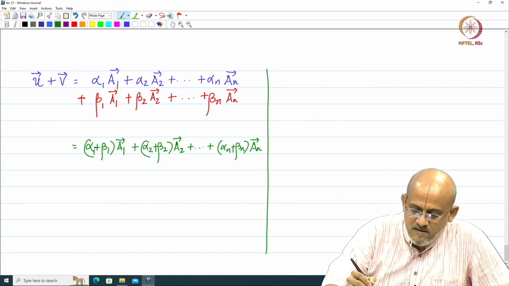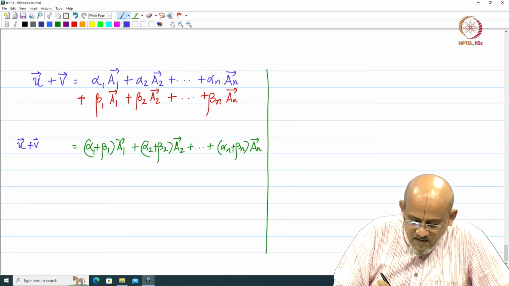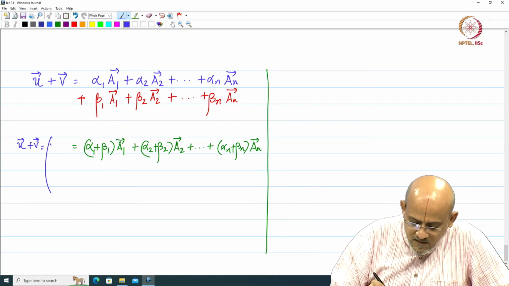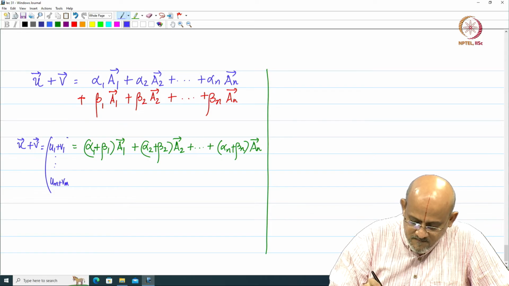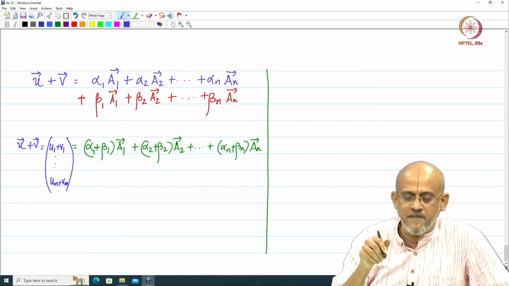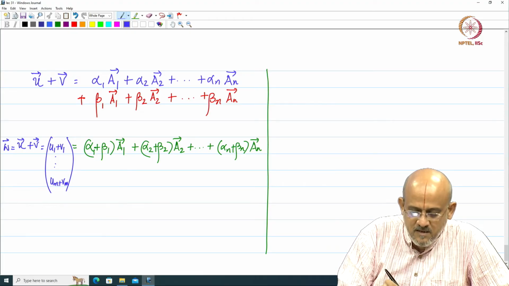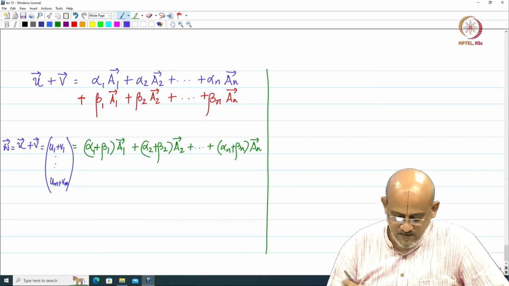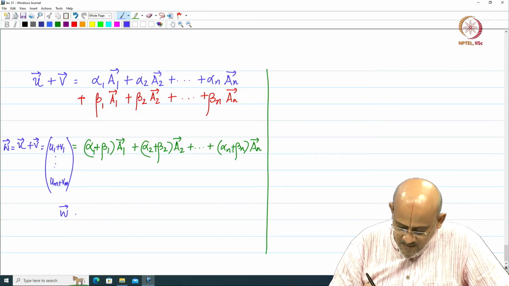Now, and what was it on the left hand side? This was basically equal to u plus v, which was basically given by u1 plus v1, etc., um plus vm. That means u plus v was giving me another m component vector, let us call that vector as w. So, what do we have? We have this w vector, which is an m component vector, which can actually be expressed.